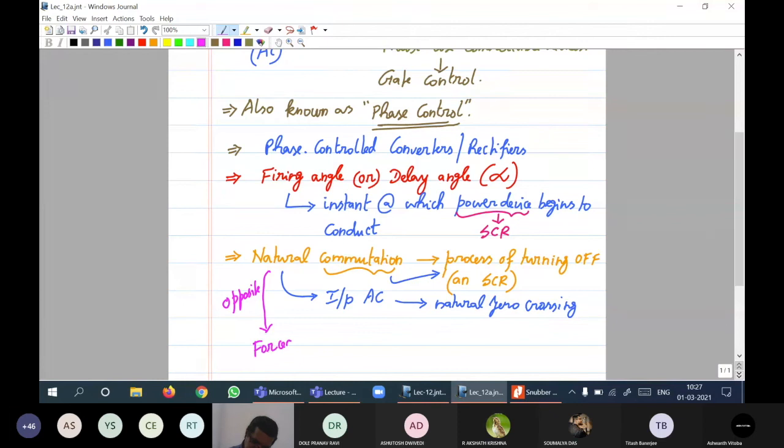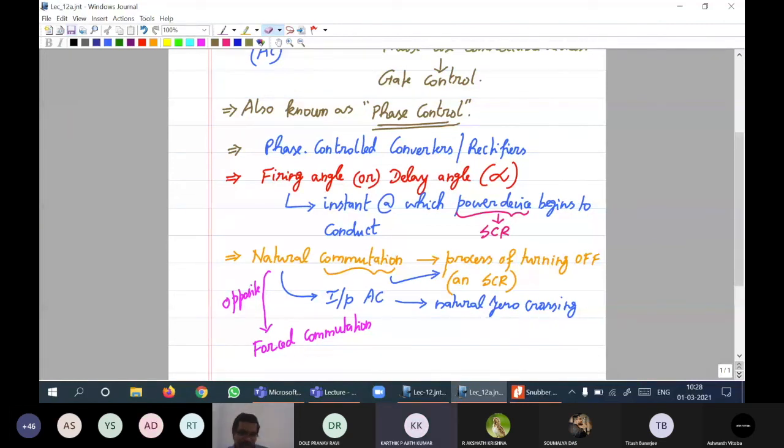Wherein there has to be an external circuit to forcefully bring down the anode current below the holding current value. Only then the SCR will turn off. I'll tell you an example. Take the example of an inverter which uses an SCR. What is the form of input source in an inverter?